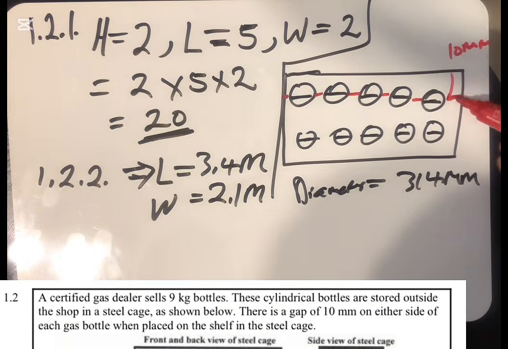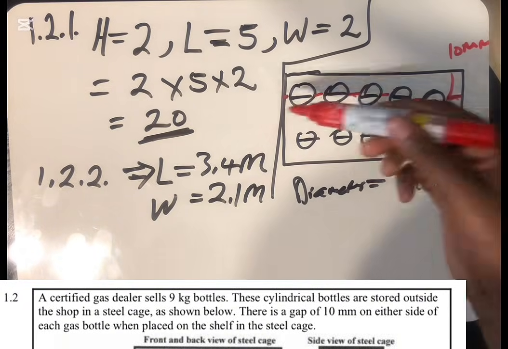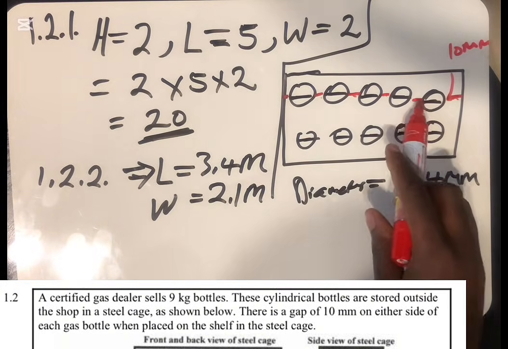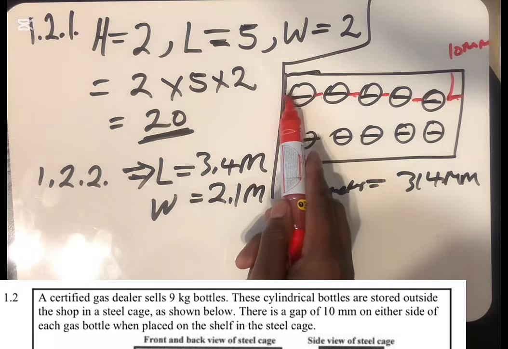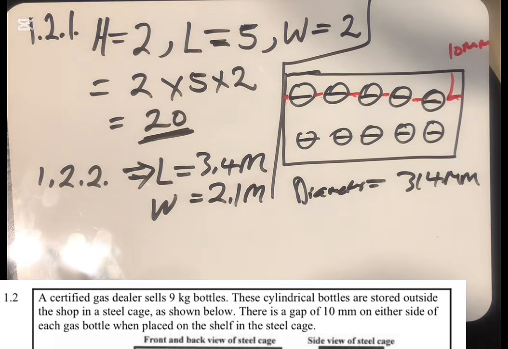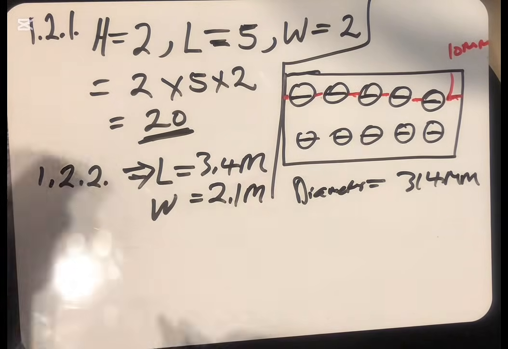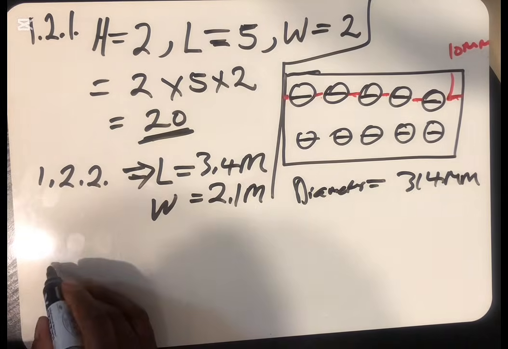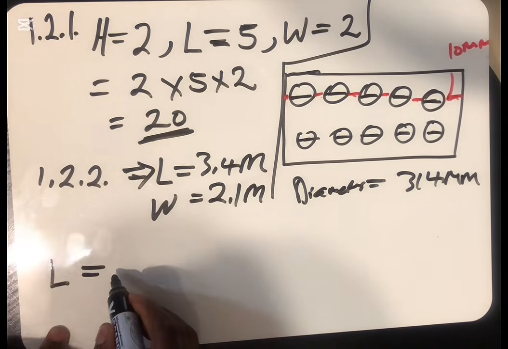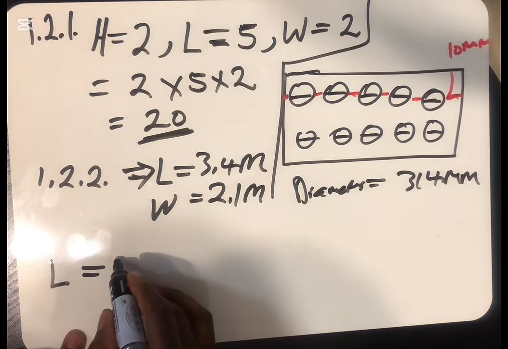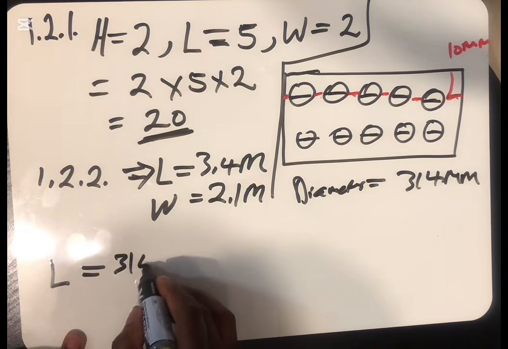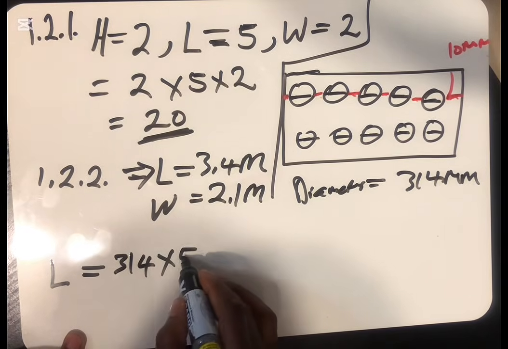So now we're going to have 1, 2, 3, 4, 5, 6 gaps, which is 60 millimeters in respect of length. So the total length is going to be 314 multiplied by 5 bottles.